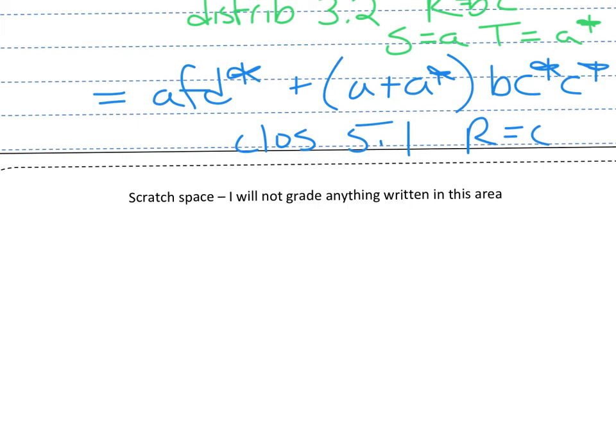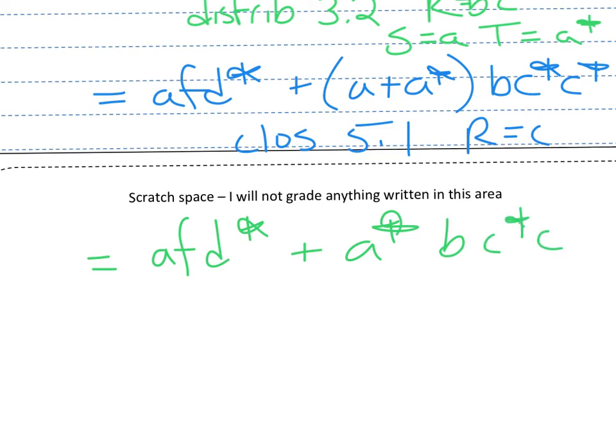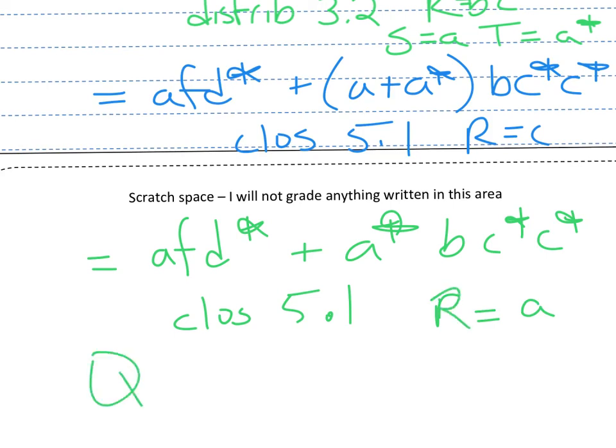So now I'm going to say that whole thing equals AFD star plus A star times BC star C star. And that's also going to be by closure 5.1. But this time R is going to be A. Oops, that's capital R. And now we're all done, right?